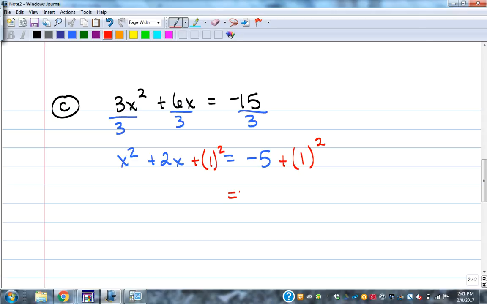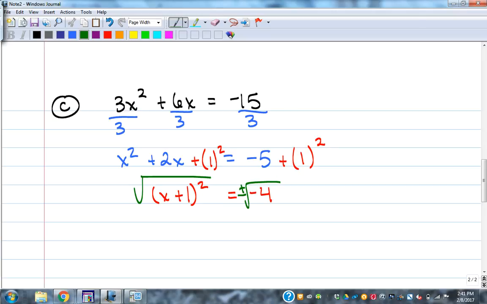On the left side, what's this factor as? x plus 1 squared. Good job. What's left on the right side? -4. Good job. Once we're here, square roots. That's exactly right. Plus or minus square root. That's a negative under the square root.